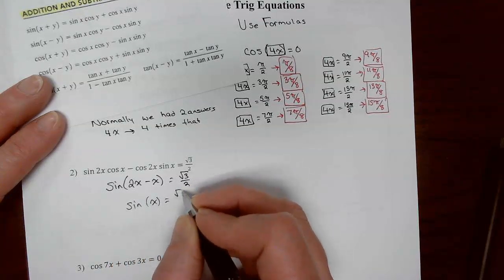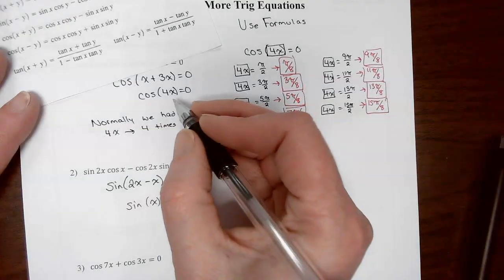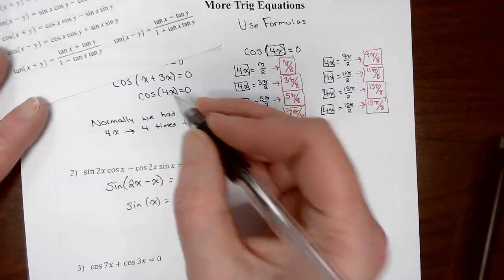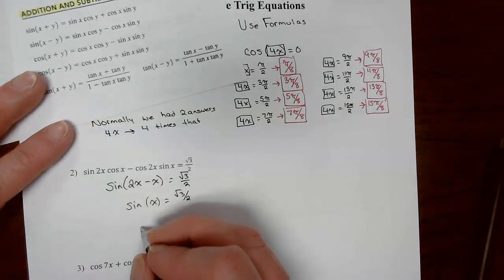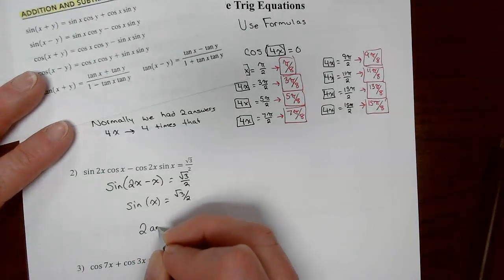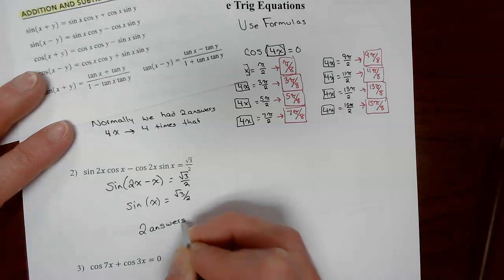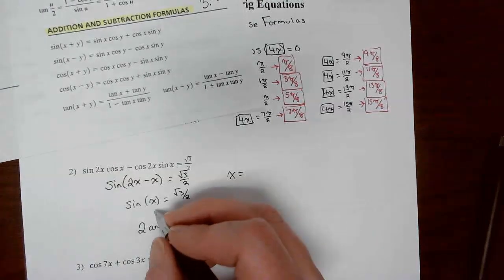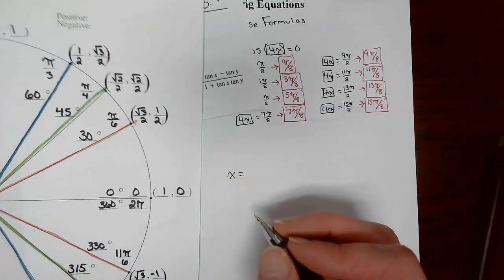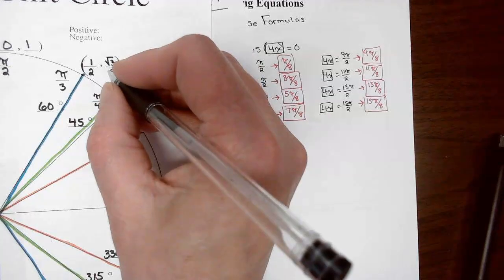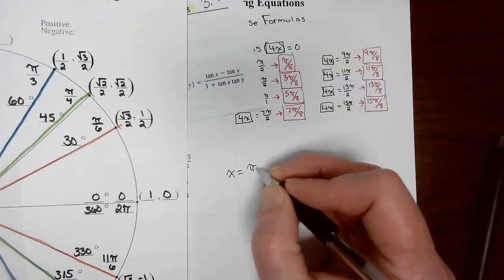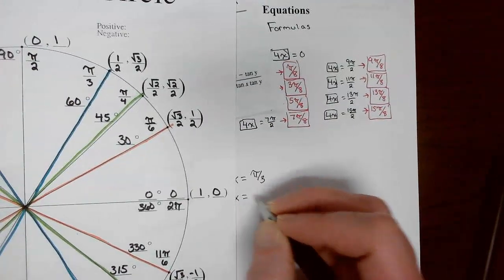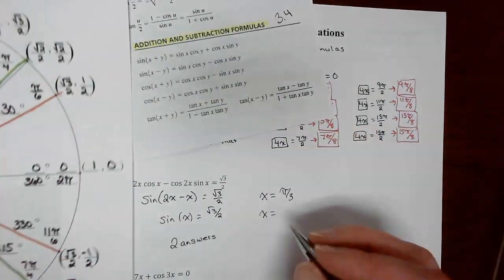Oh, that's awesome. Since this is not a double or a triple angle, this is a single angle, that means we are going to only have 2 answers. Yay! So x equals, when does my y value equal square root of 3 over 2? Pi over 3 and 2 pi over 3.